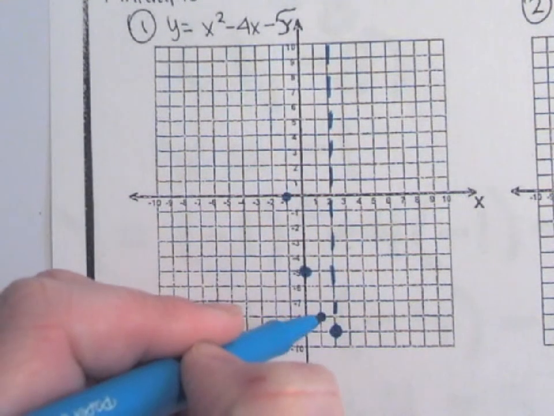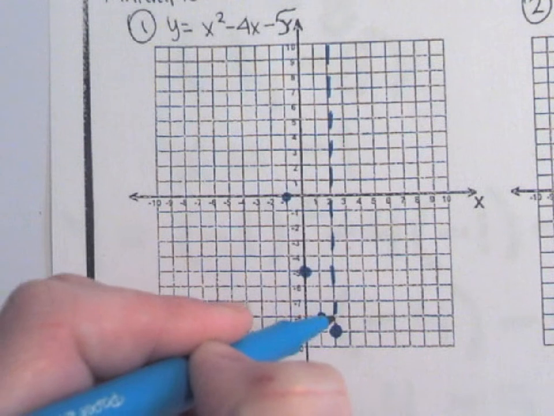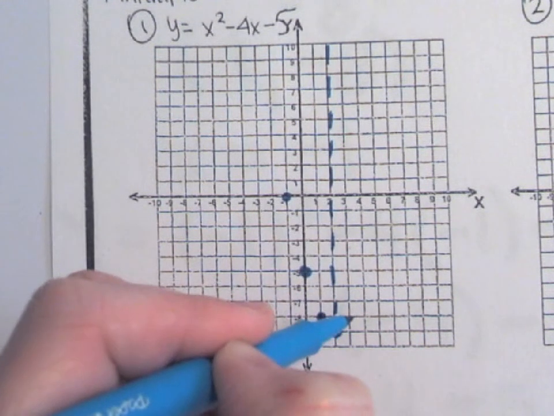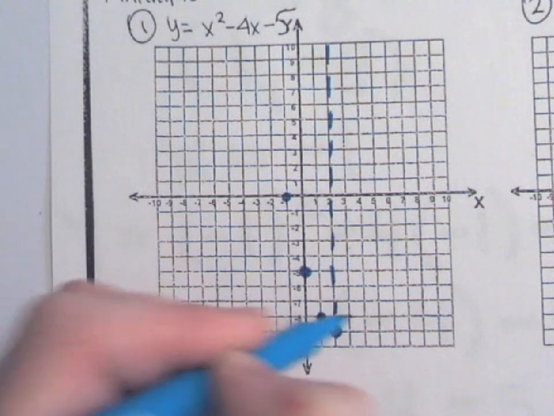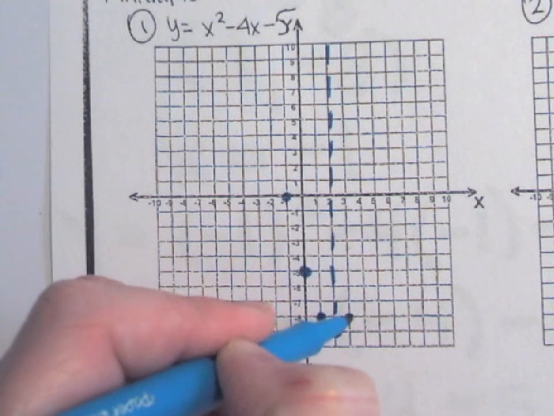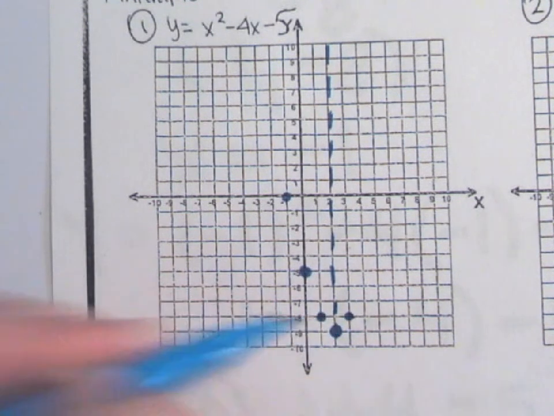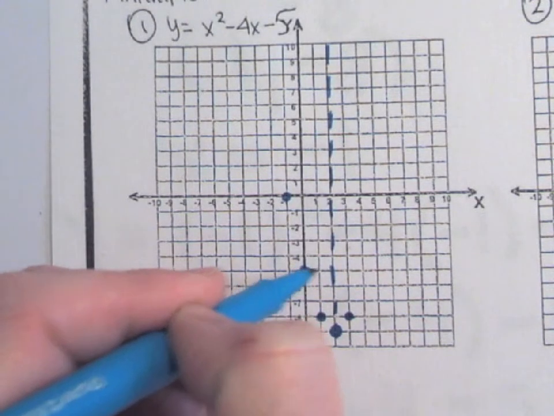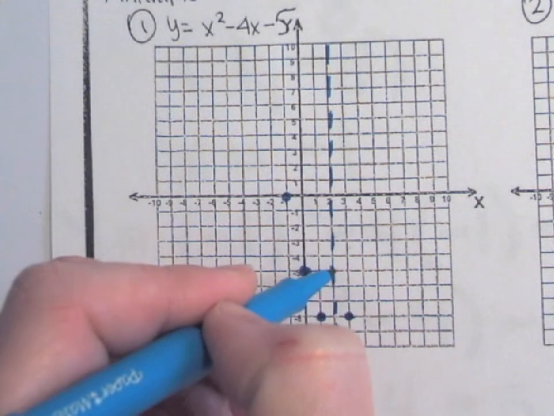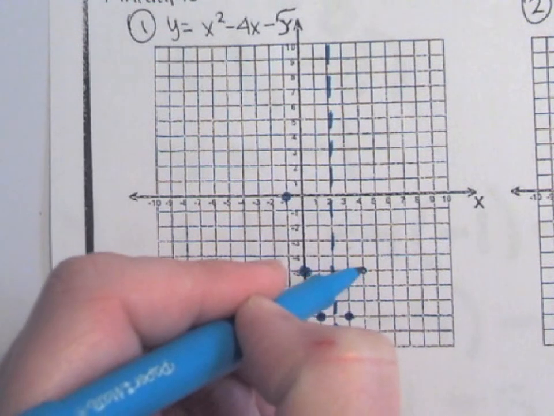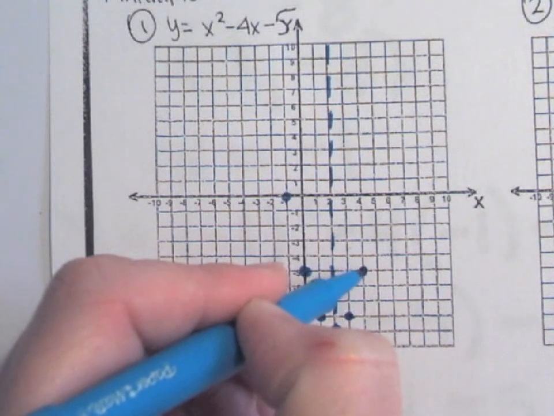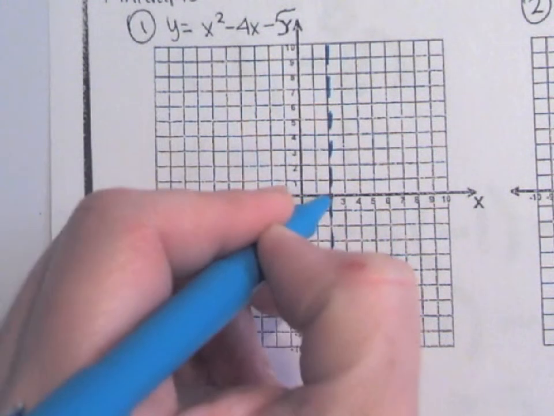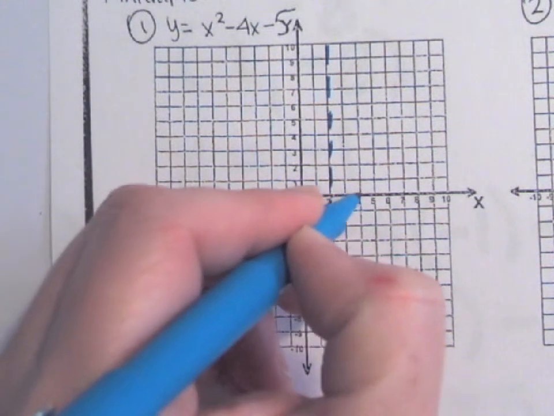So because this point is 1 from the axis of symmetry, there's going to be another point on the other side with the same y value that's also 1 to the other side. Do that same thing here. So here I have to go 1, 2 places. So I'm going to go 2 the other way. And my final point up here is 1, 2, 3. So again, I'm going to go 1, 2, 3.